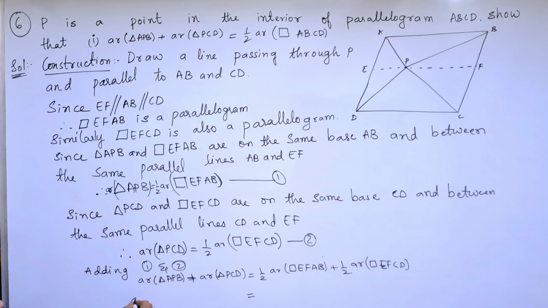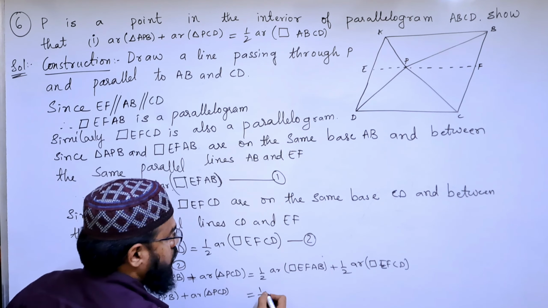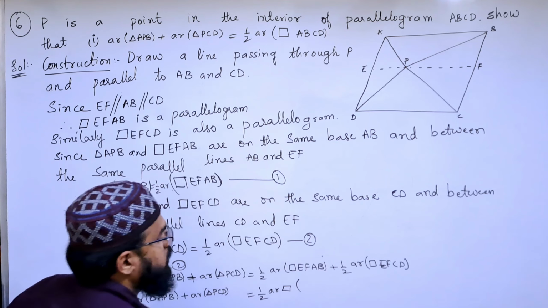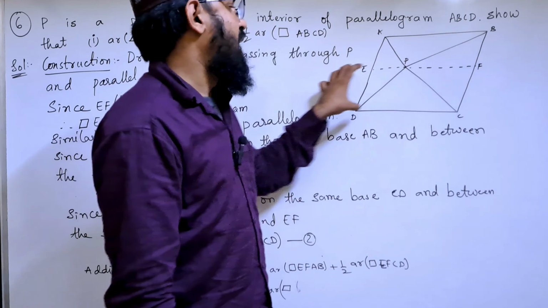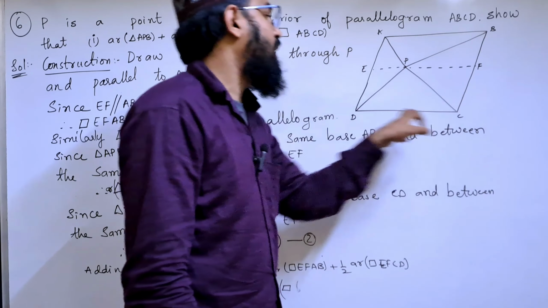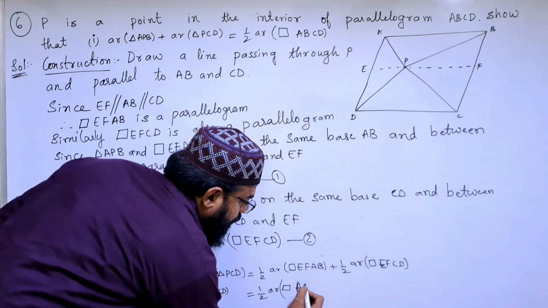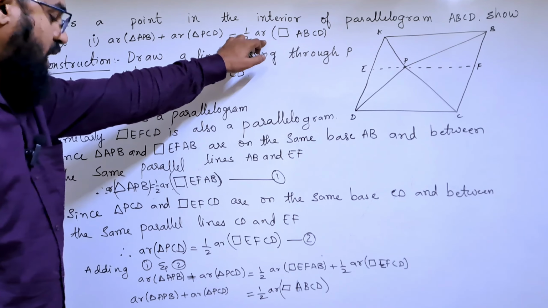Now half is common, and if we add these two, we will get area of the parallelogram EFAB added to EFCD. That means this complete parallelogram will form, that is ABCD. So area of the parallelogram ABCD. So it is the first bit which we have proved.